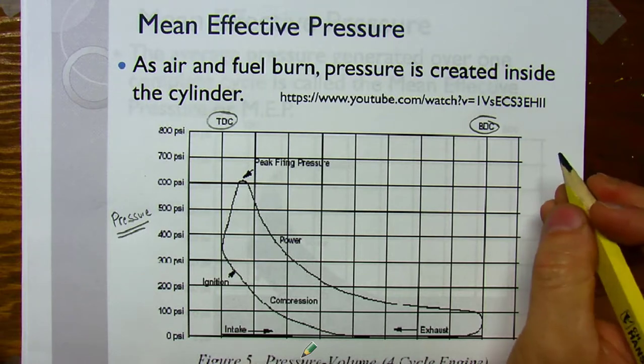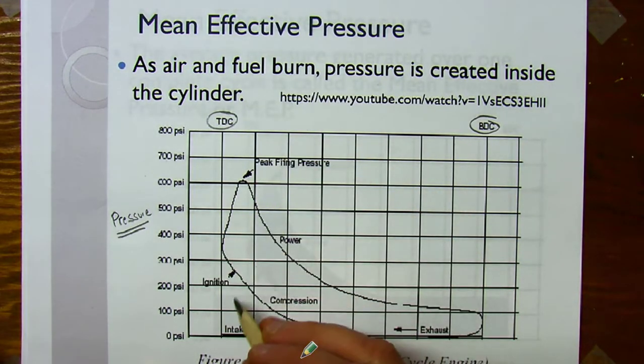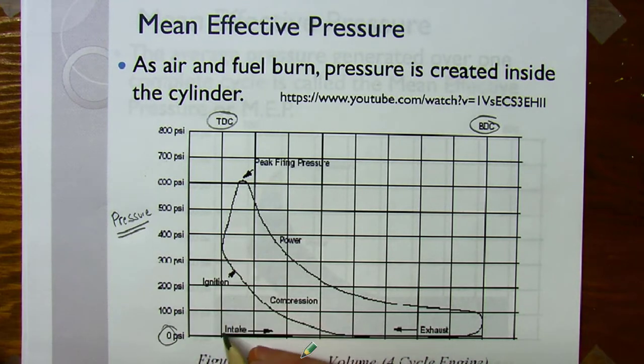So let's start on our intake stroke. If we start out at top dead center on the intake stroke, the pressure is zero, and in fact it's a little bit negative, but on our intake stroke we have essentially zero pressure in that cylinder when we go from top dead center down to bottom dead center.